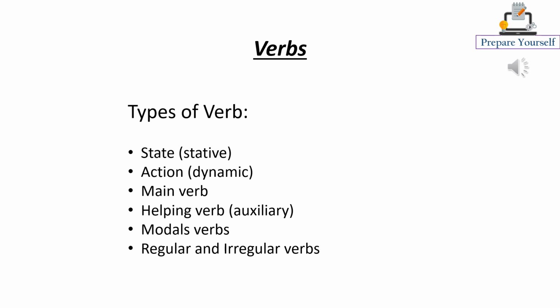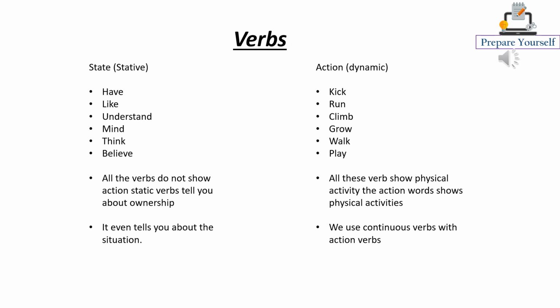Today, we are going to learn types of verb: state, stative, action, dynamic, main verb, helping verb, auxiliary, modal verbs, regular and irregular verbs. Static verbs: have, like, understand, mind, think, believe.